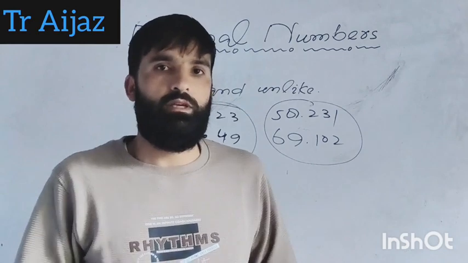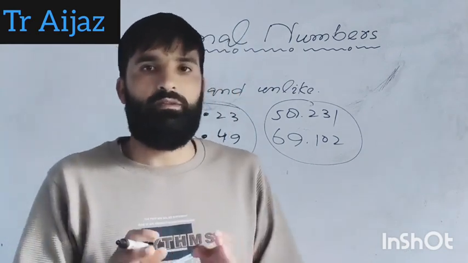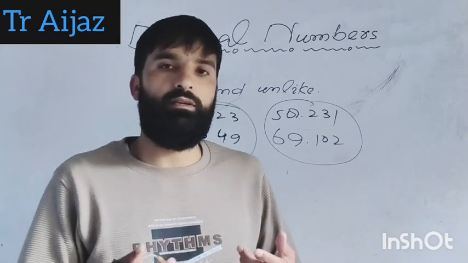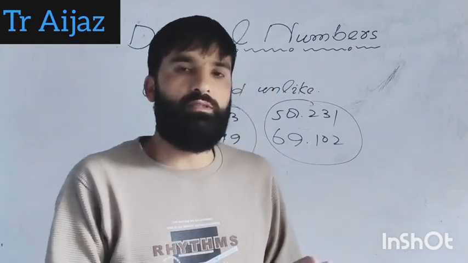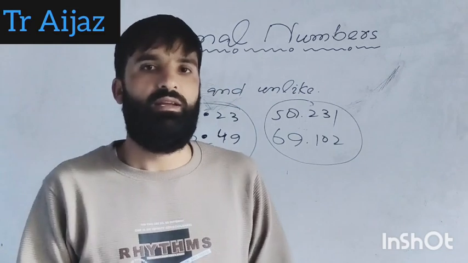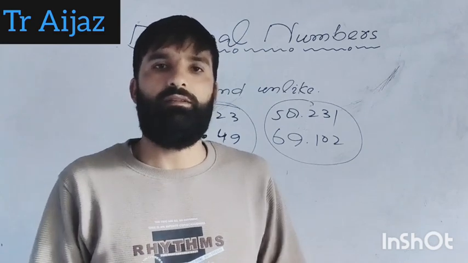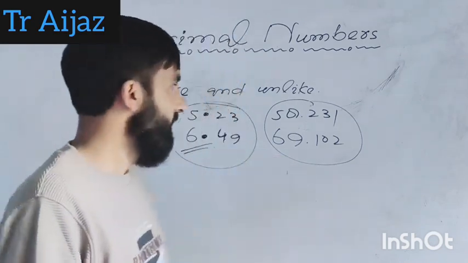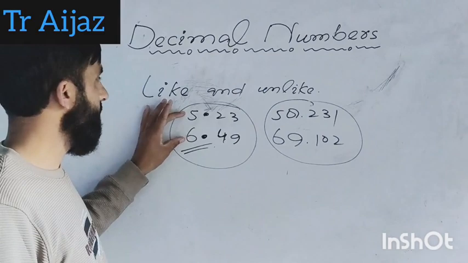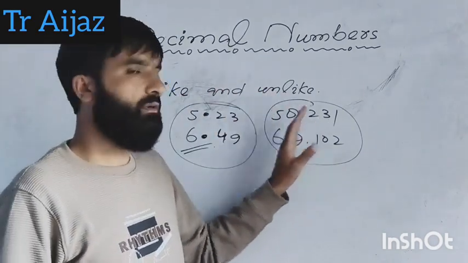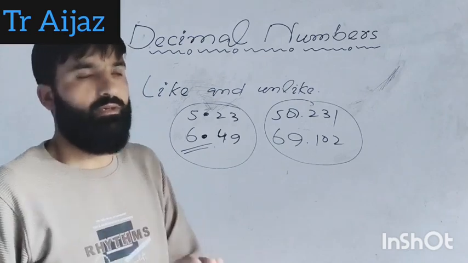If the number of digits after the decimal point is the same in two or more decimal numbers, you say these decimal numbers are like decimals. And if the number of digits is different, these are not like, these are unlike. Simple. So these two are like decimal numbers, and these two again are like decimal numbers.